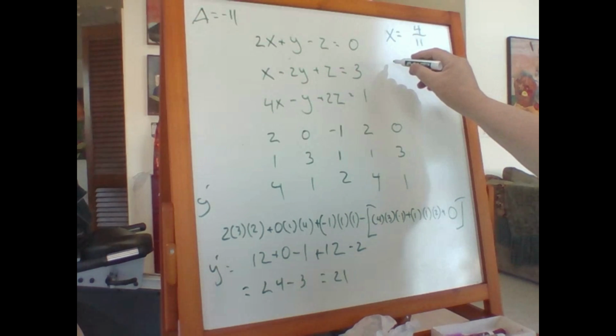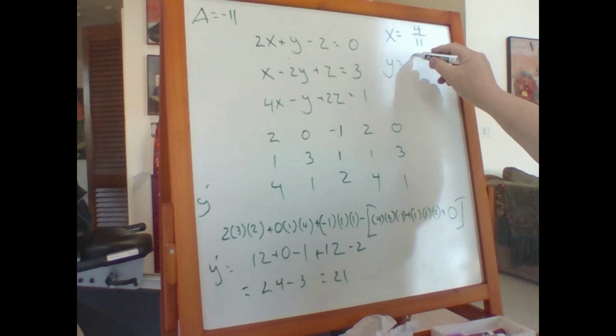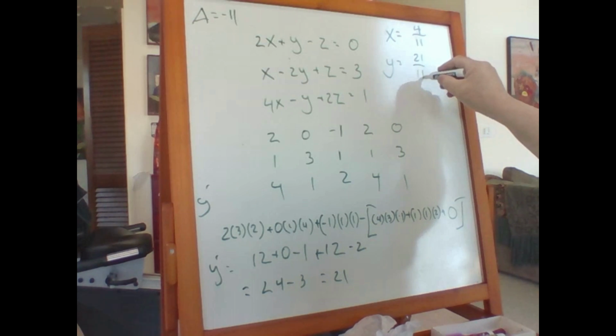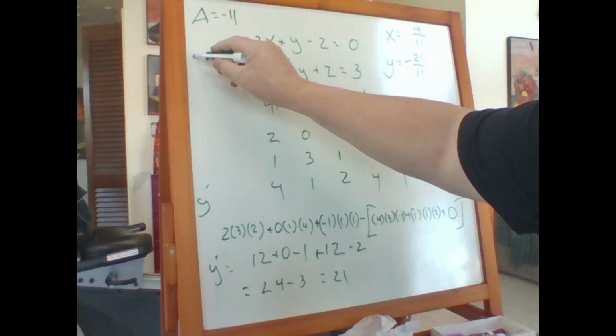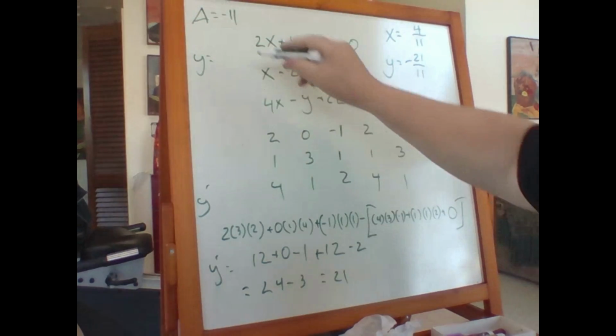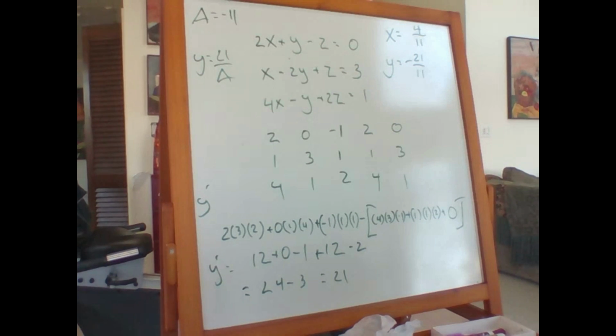So y equals 21 elevenths. And that's a negative because we got a minus 11. So y is equal to that 21 divided by the determinant, which is minus 11.